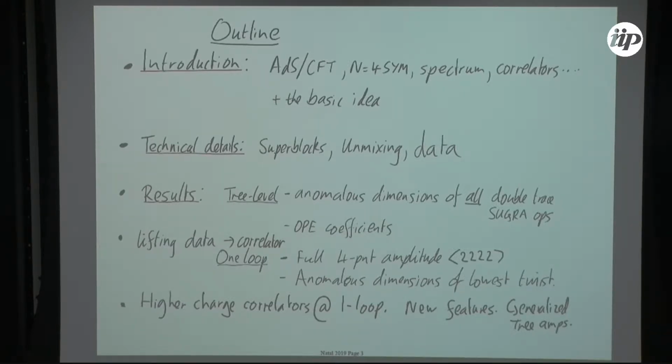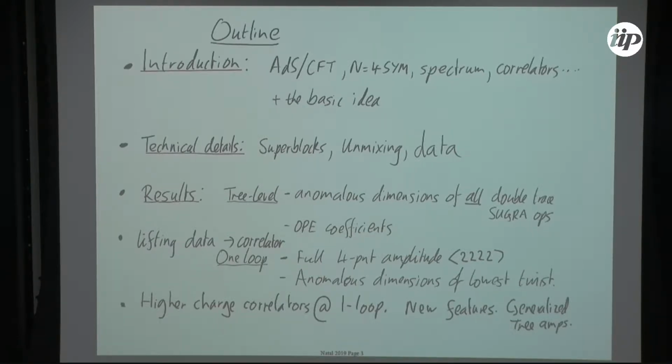So I'll then discuss the results, all this data, and look at the one-loop correlation function. Hopefully, that will be the first half of the talk, although I expect it may take longer than that.